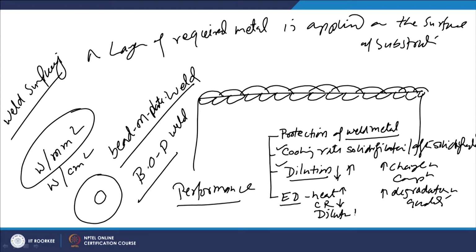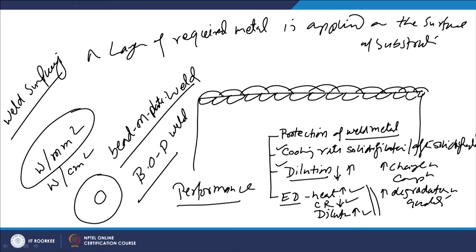So, it is important to know what the energy density is for the particular welding process being used. Lower energy density means increased heat input, lower cooling rate, increased dilution, and these factors will tend to compromise the quality or performance of the weld surfacing being applied.